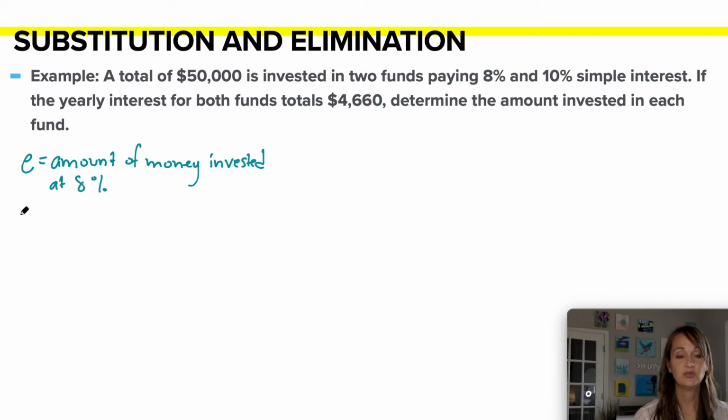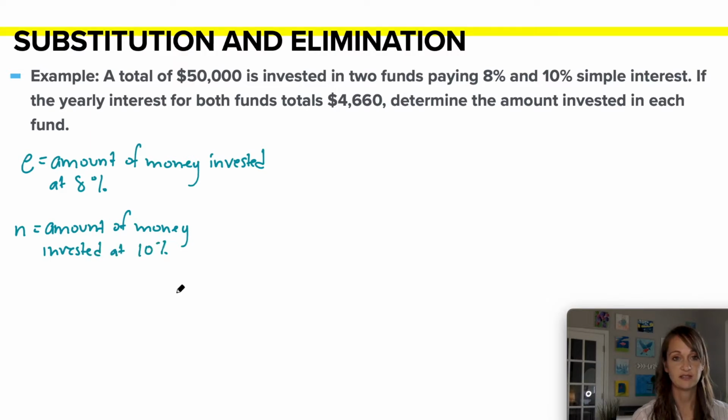And I'm going to use N to represent the amount of money invested at 10% interest. So I know that if I add up the amount of money between E and N, it is going to give me $50,000.